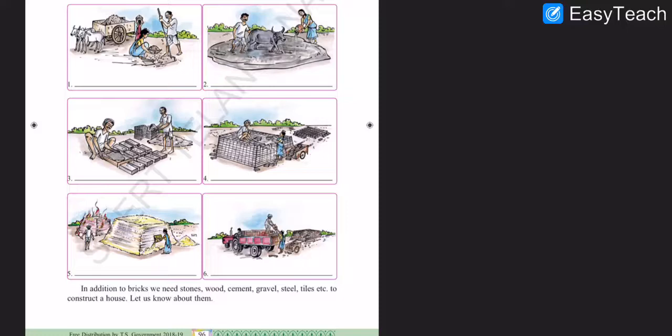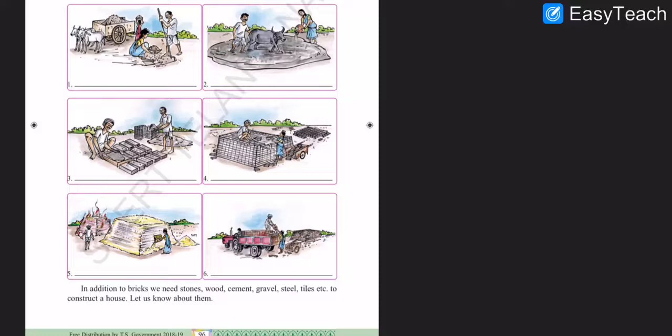For bringing plywood sheets, mostly we need an auto to bring the material. For bringing cement bricks, we need a lorry to carry the material.